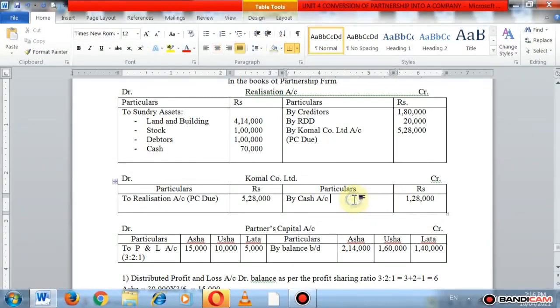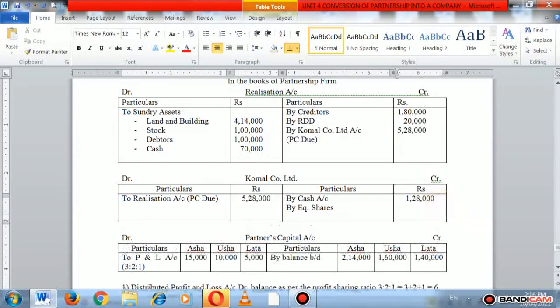Then next, the Komal Company Limited has paid equity shares to the partnership firm. So here by equity shares, amounting to rupees 4,00,000.